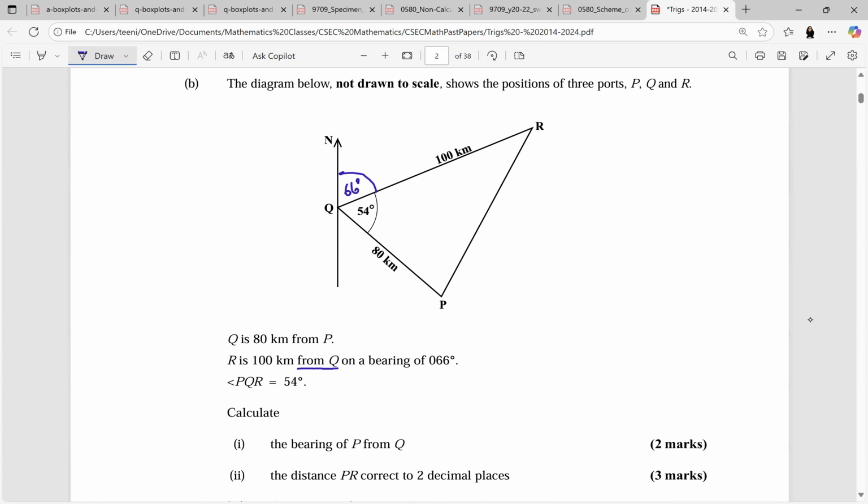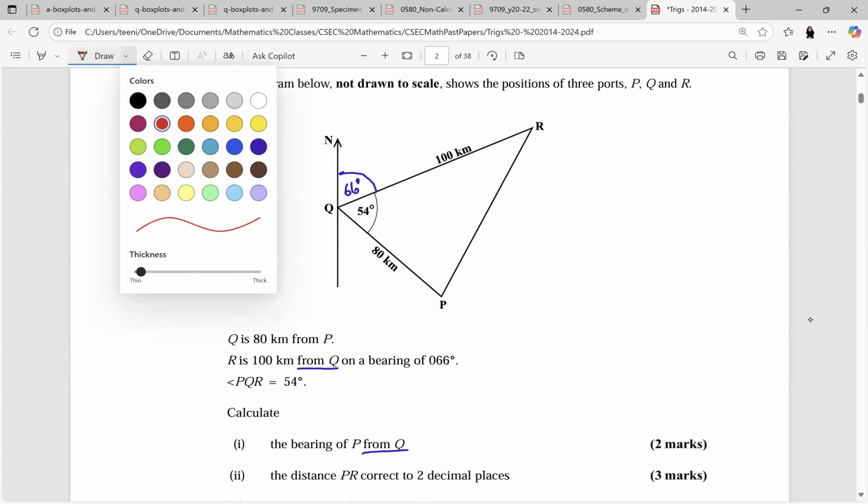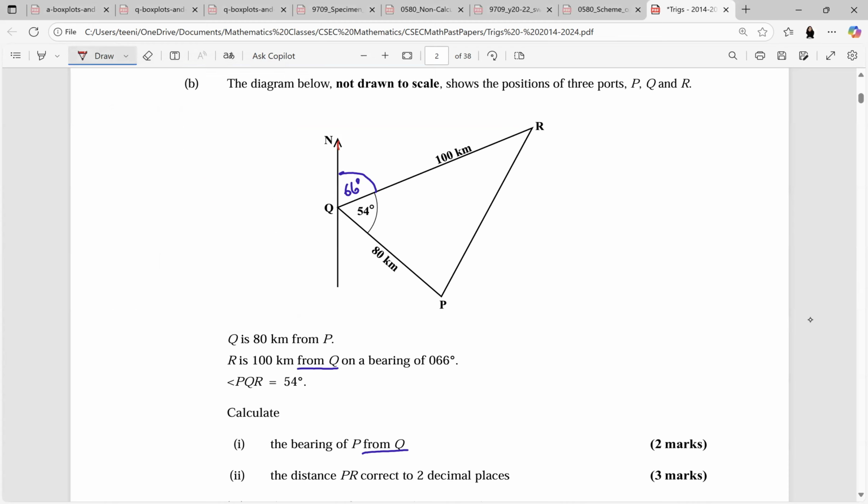All right. And now the first thing is to calculate the bearing of P from Q. Again, from Q, so we are starting at Q. Therefore, the bearing of P from Q would be the angle between the north line here at Q and the line connecting Q and P. So that bearing of P from Q is this entire angle over here.